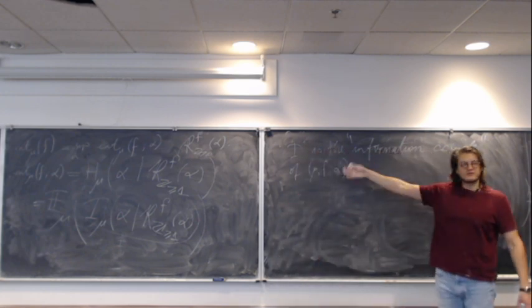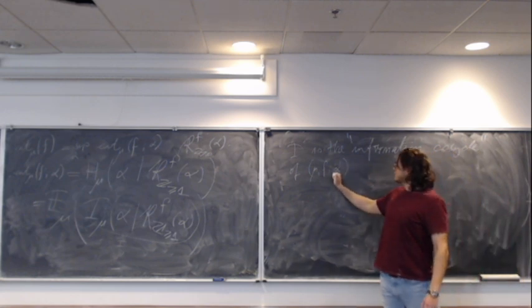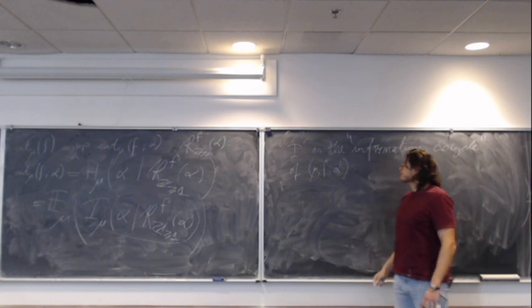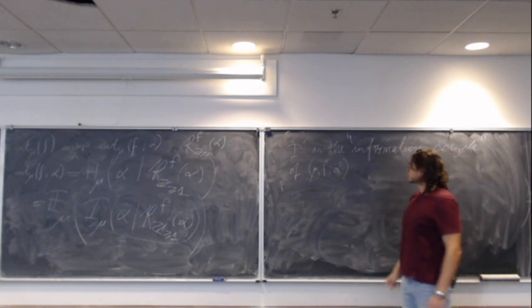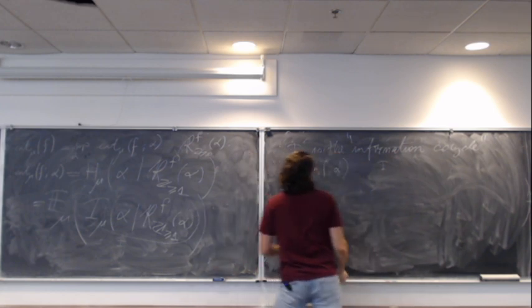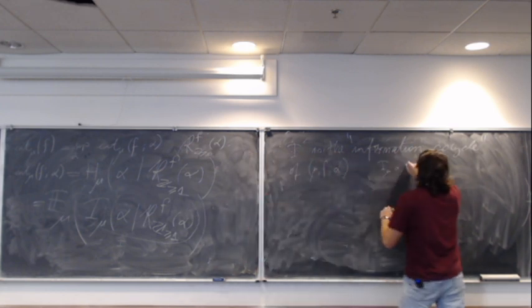So this makes sense if you have a marked generating partition. And I can imagine this. So this is a certain conditional, right? So let me just write it like this.